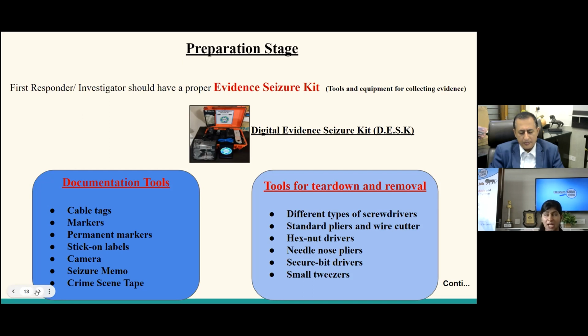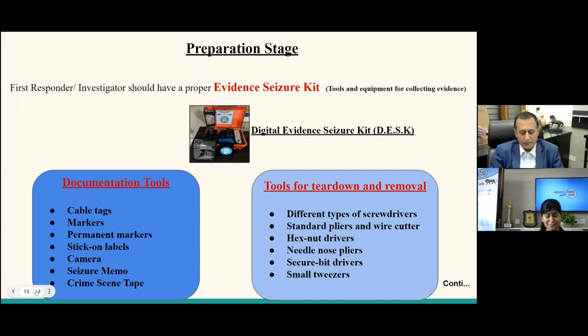One more thing I want to share is the position. Suppose the first responder is visiting a crime scene, there is a laptop, and the mouse of the laptop is kept at the left side of the laptop. Usually where do you keep your mouse? We use our mouse with the right hand, and we keep it at the right side.